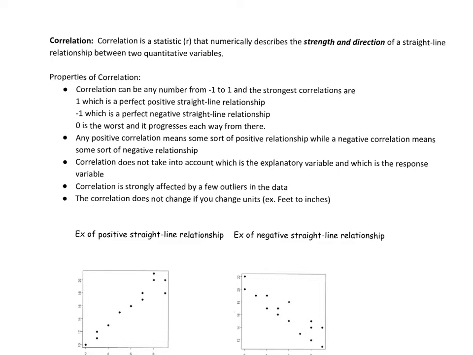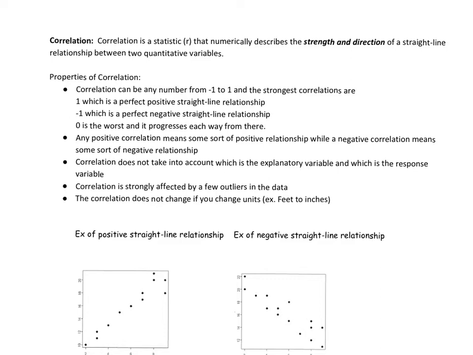And the strongest correlation, if we're talking about a positive correlation, is 1, which means it perfectly follows along a linear relationship. So the closer you are to +1 for a positive relationship, the stronger the correlation. If you have a negative relationship, -1 is the strongest.